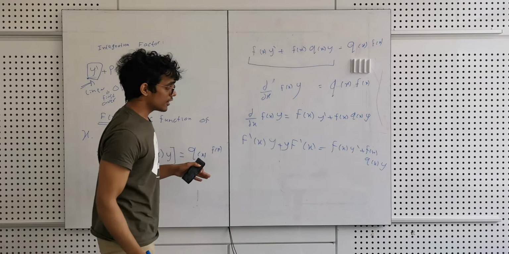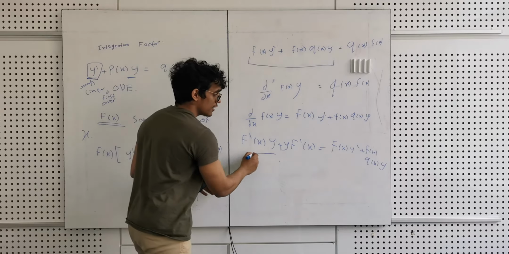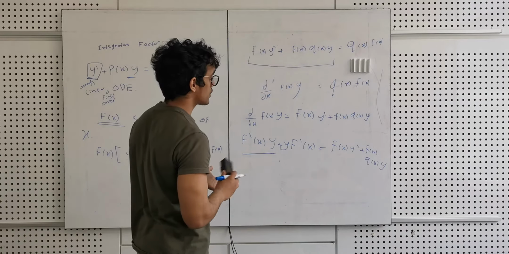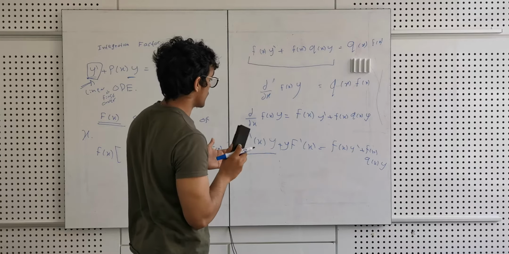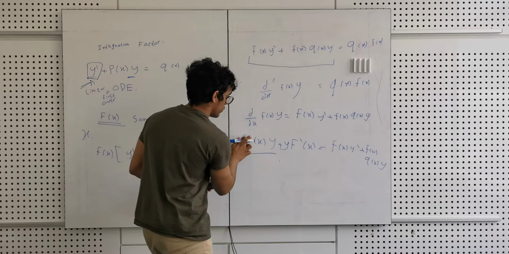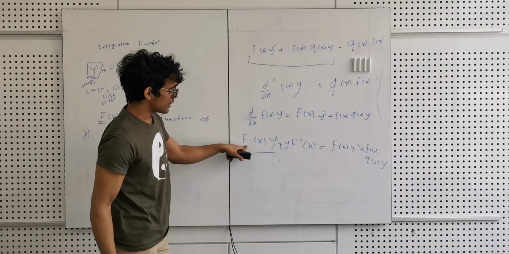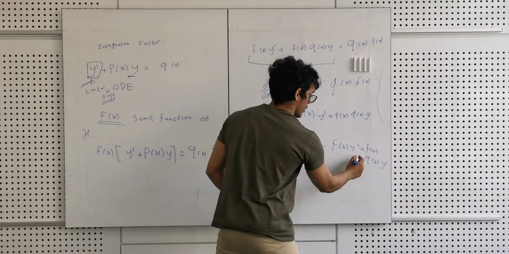By comparing terms, this thing should have a prime in one of them. So by comparing terms, this thing will be similar to that thing.